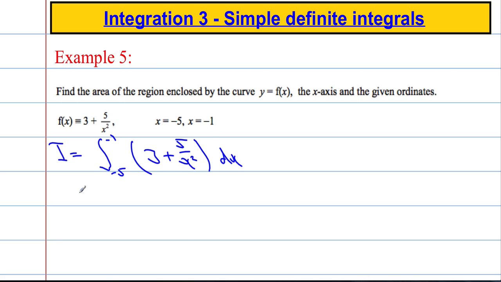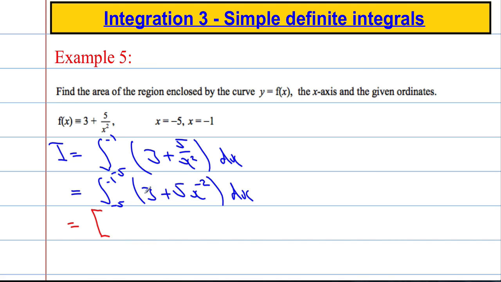First thing I'm going to do is just write this in a slightly more manageable form. So between -5 and -1, it's going to be 3 plus 5x to the -2 dx. Okay, so let's integrate first of all. I should be putting up square brackets here because we're going to evaluate this integral.